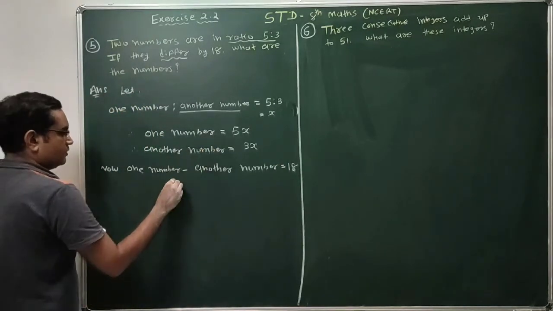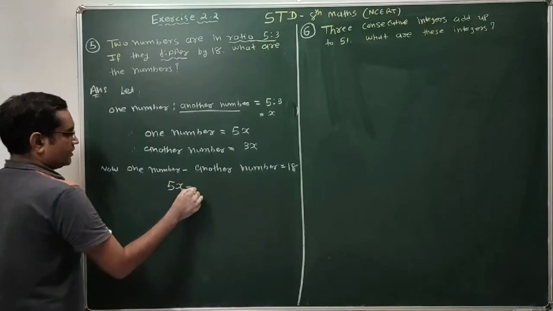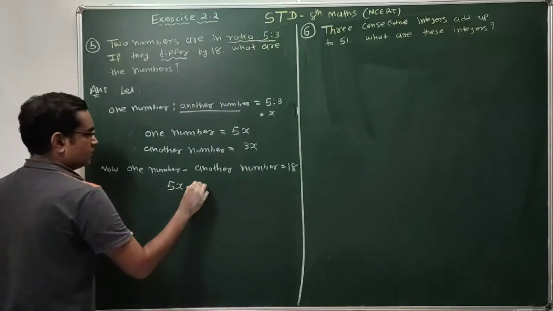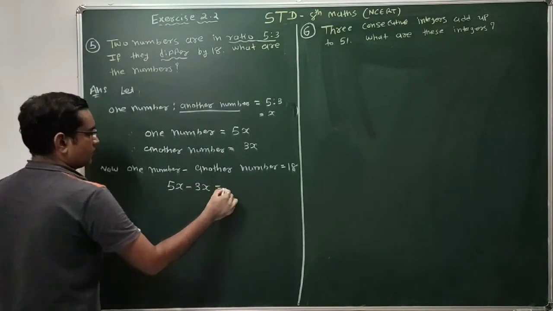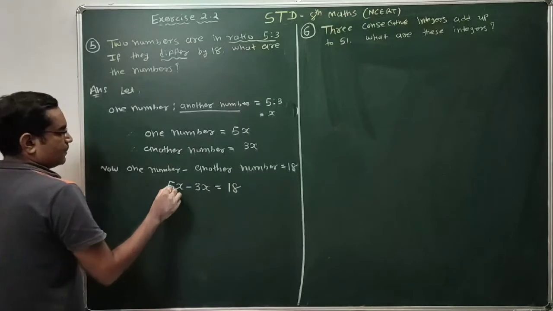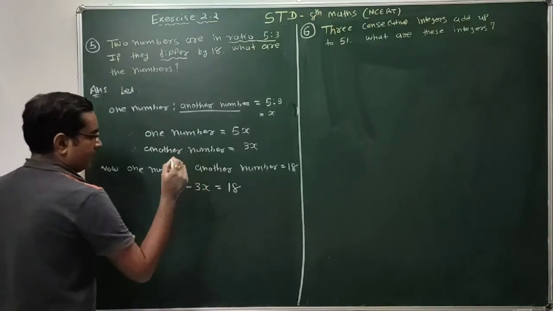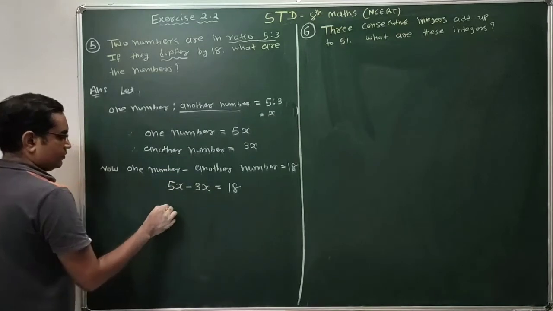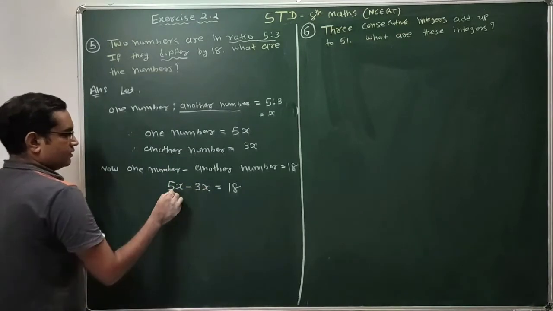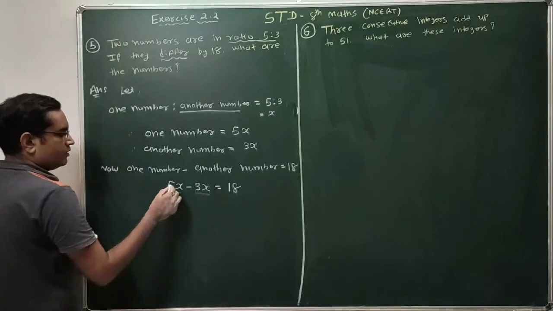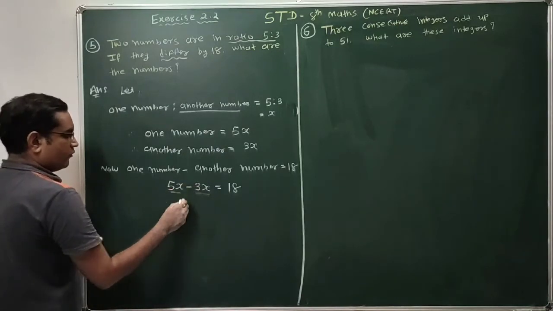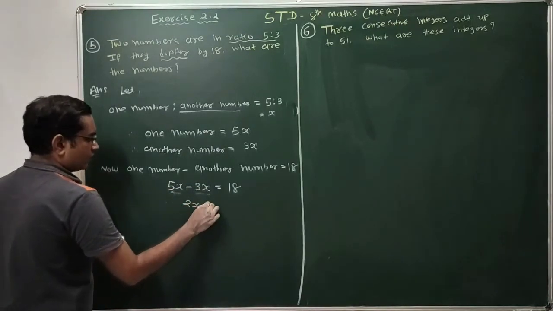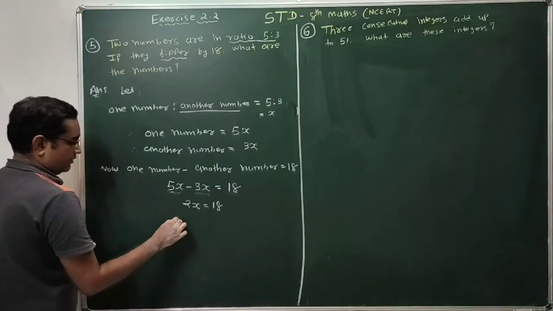So one number is 5x minus another number 3x. The difference of one number and another number is 18. So what is 5x minus 3x? These are like terms. You have to take the difference of their coefficients, which is 2x equal to 18.